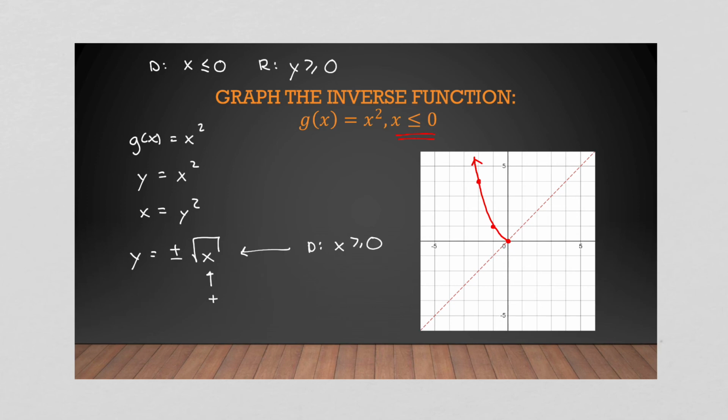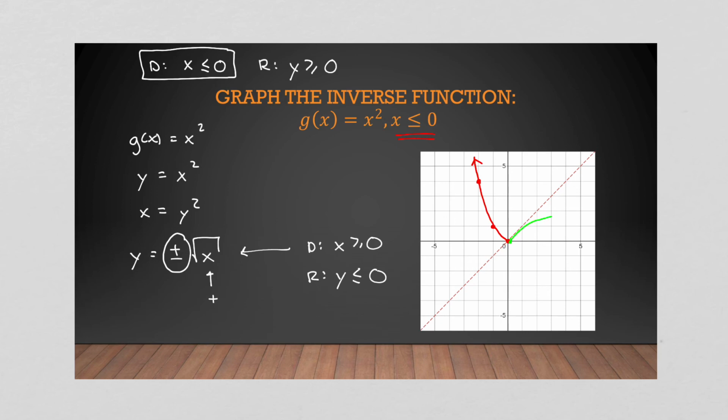But you'll also notice the domain of my original, x is less than or equal to 0, gives me a range of y is less than or equal to 0, which means all of my outputs must be negative. So if I look at the plus or minus value of this radical, that's what would give me this, y equals.